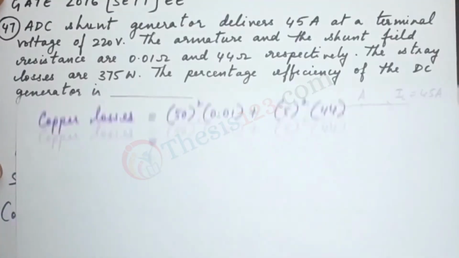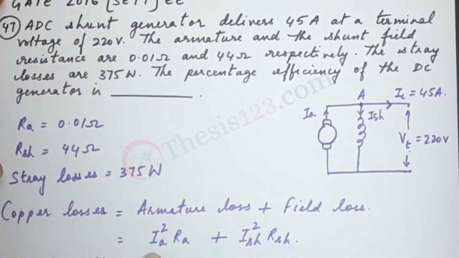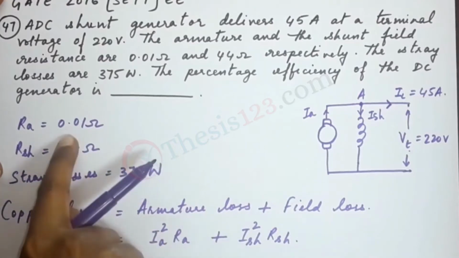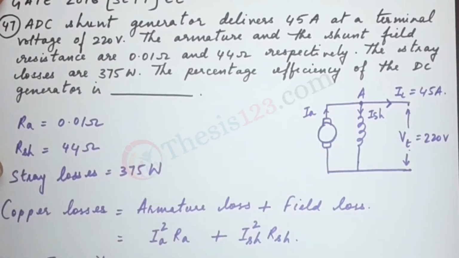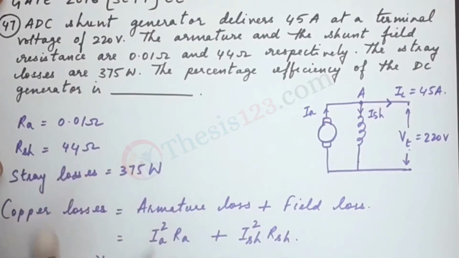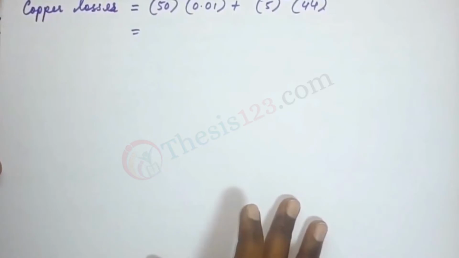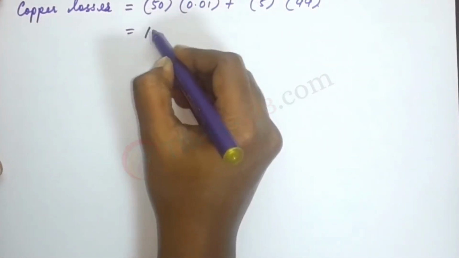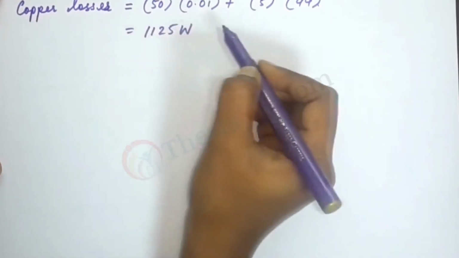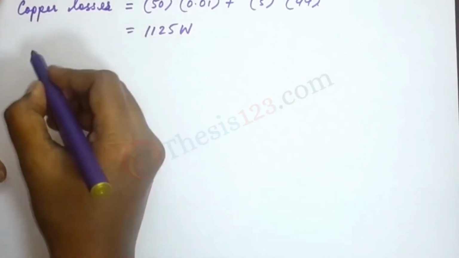That's Ia square times Ra, which is 0.01, plus Ish square, 5 square, into Rsh, which is 44. If we solve this, we get a value of 1125 watts.